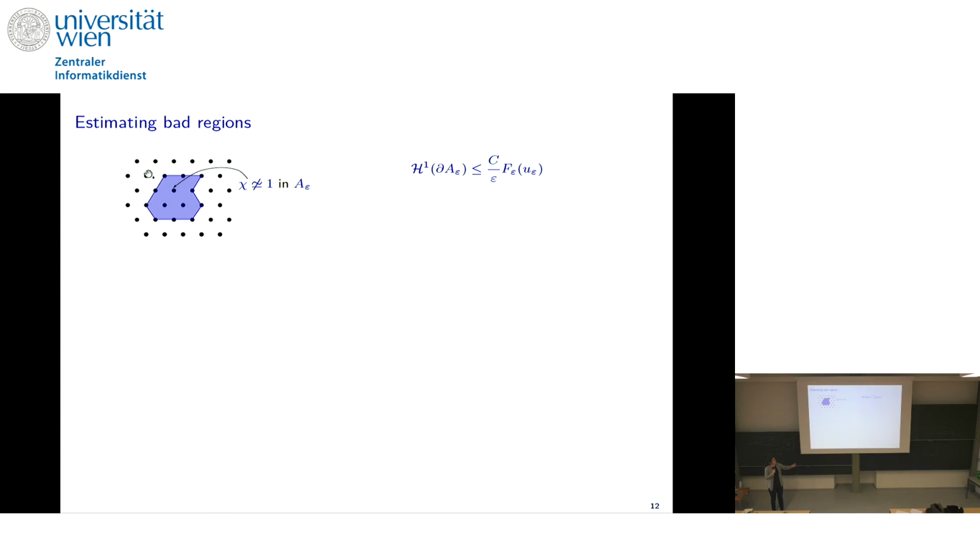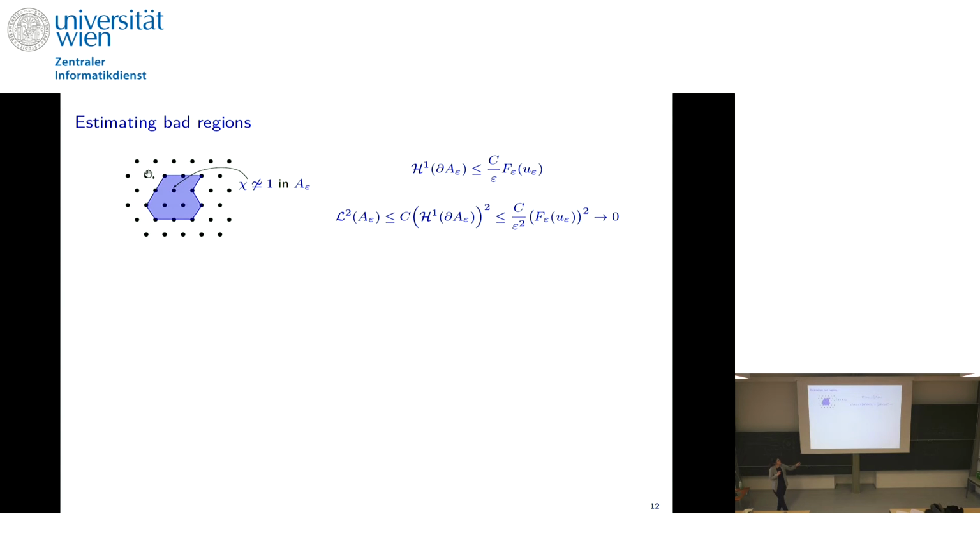Okay. But of course, now I could also use the isoperimetric inequality to bound the area of the set here. The reason is, since I'm assuming that my chirality converges to 1, I know at least that the area of this region is less than the area of the complement.